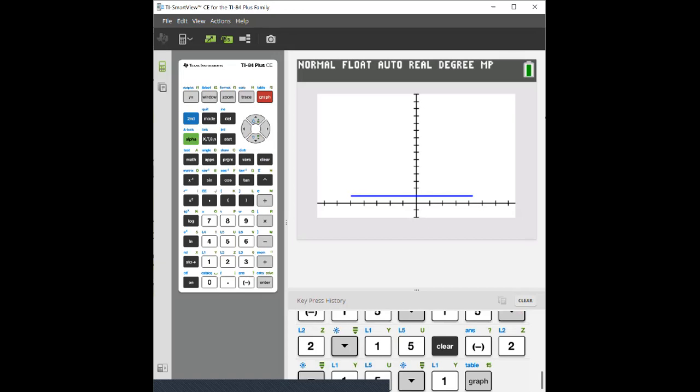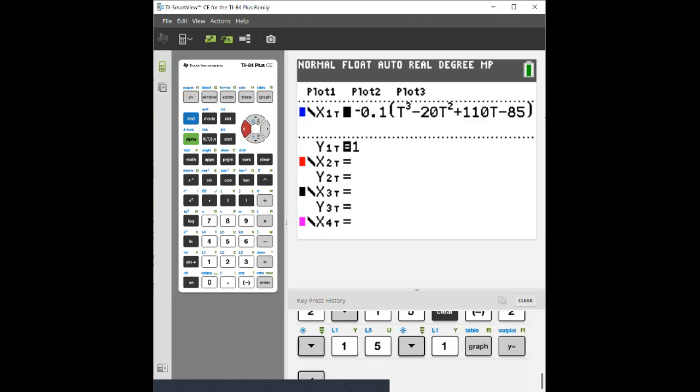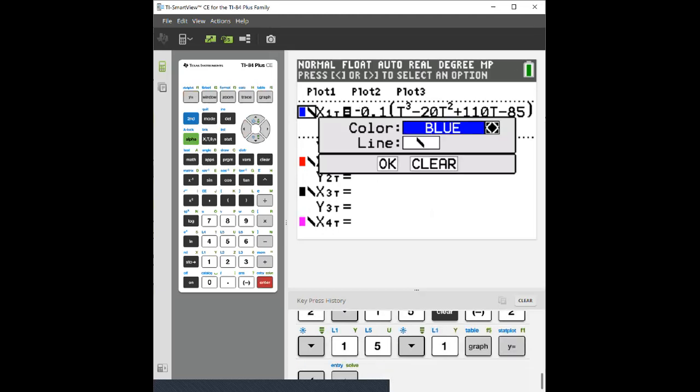Now, unfortunately, with the way we graphed it, we can't tell when he changes direction. We don't know the time that it happens. So one thing we can do is go to our y equals and change the way it graphs. If you arrow down and choose the line with a circle at the end, it will literally draw that.